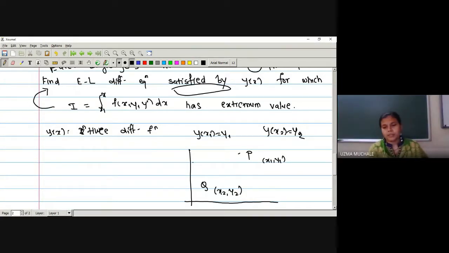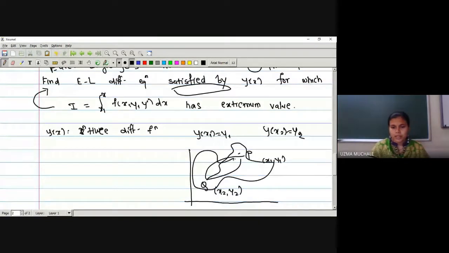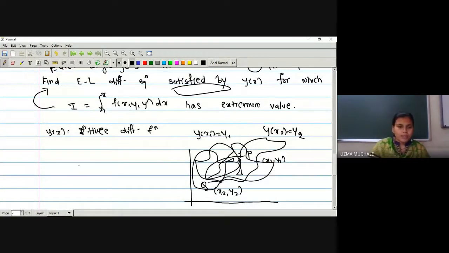Yes, infinitely many ways, because we can join these 2 points in infinitely many ways. You can come like this, you can come like this. There are infinitely many ways to reach from P to Q or Q to P. But now, can anyone tell me which path will be selected?